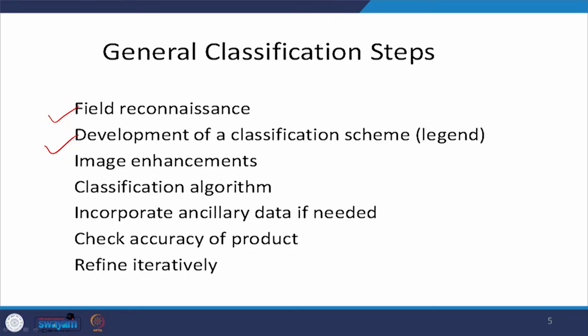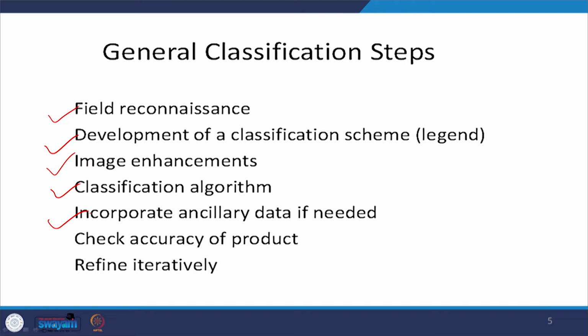A classification scheme is very much necessary, and Anderson has given a classification scheme with level 1 to level 4 classifications, from very broad classifications to level 4, which is the detailed classification. So at whatever level of classification is required, if image enhancement is required, we carry out that image enhancement and image transformation, we select a proper classification algorithm, and we incorporate the ancillary data if we need it.